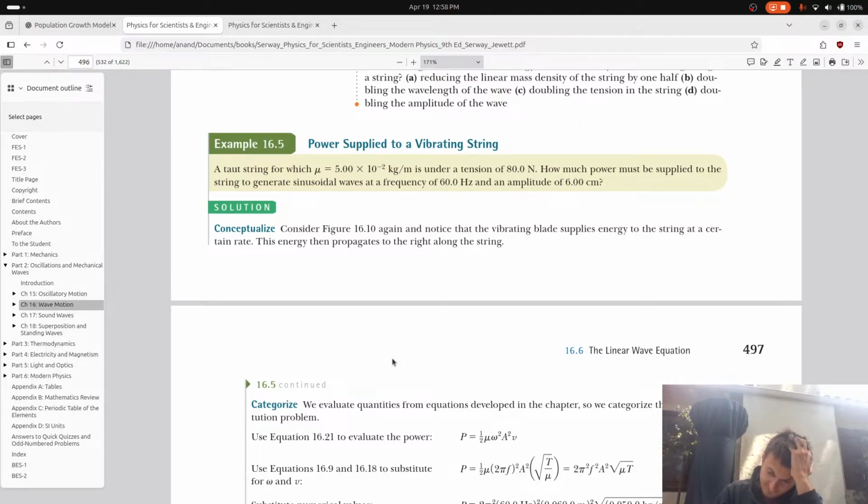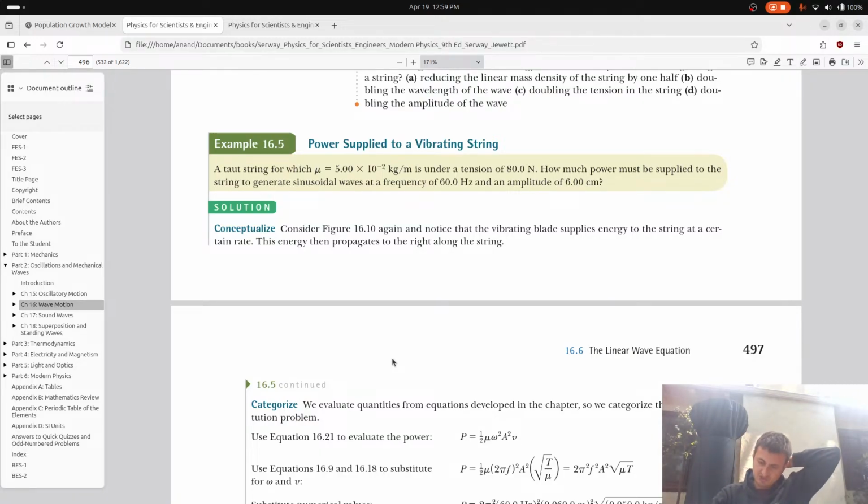So then we're just going to get 1/2 times 5e minus 2, and then the angular velocity times T equals 2 pi. So the angular velocity is going to be 2 pi over T, which is equal to 2 pi f. So it's really the square of the frequency here.